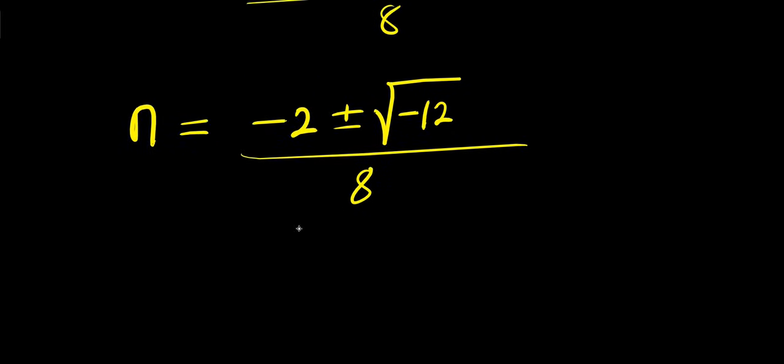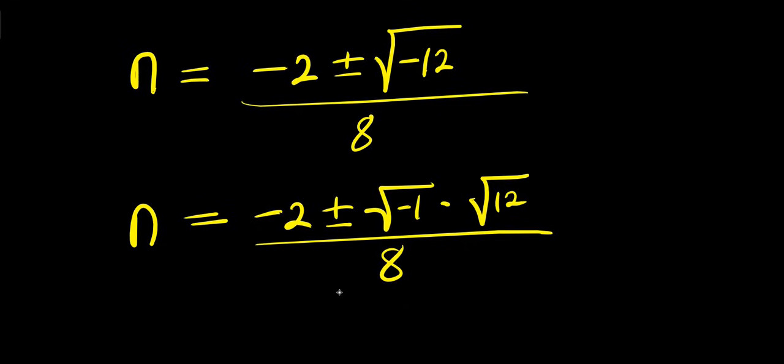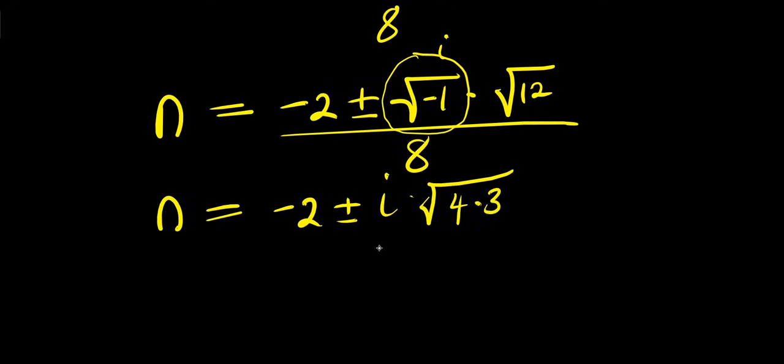So right now, I will simply have n equals -2 plus or minus square root of -1 times square root of 12, divided by 8. So from here, I'll have n equals -2 plus or minus, this will give us i times square root of 12, this is 4 times 3, and this is divided by 8.